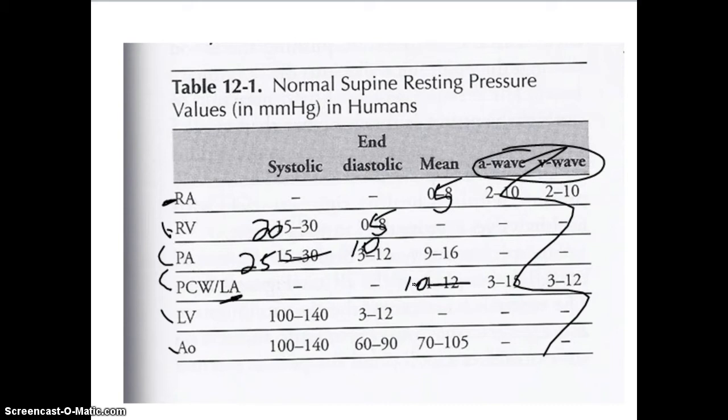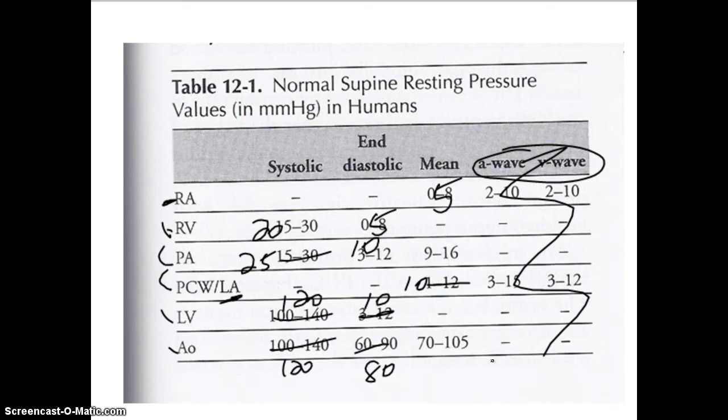The left ventricle systole is 120, diastole is 0, and the EDP is 10. And the aorta normal is 120/80.